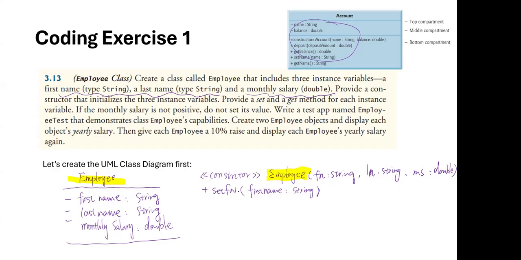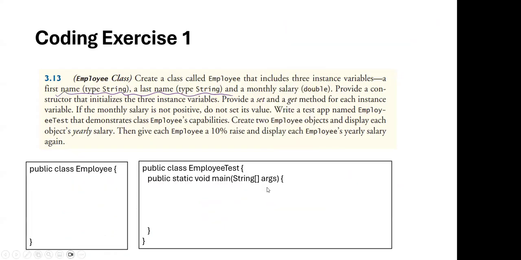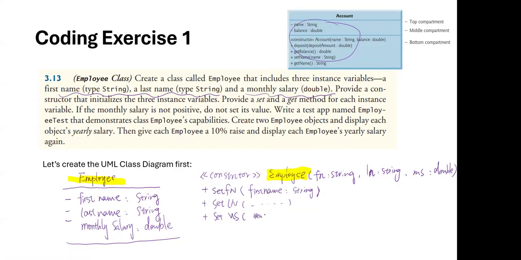Okay, done. And for set last name, it's the same thing, so I will skip it. And for set monthly salary, we say the monthly salary. Here it's supposed to be double, because we have to match everything with our fields.